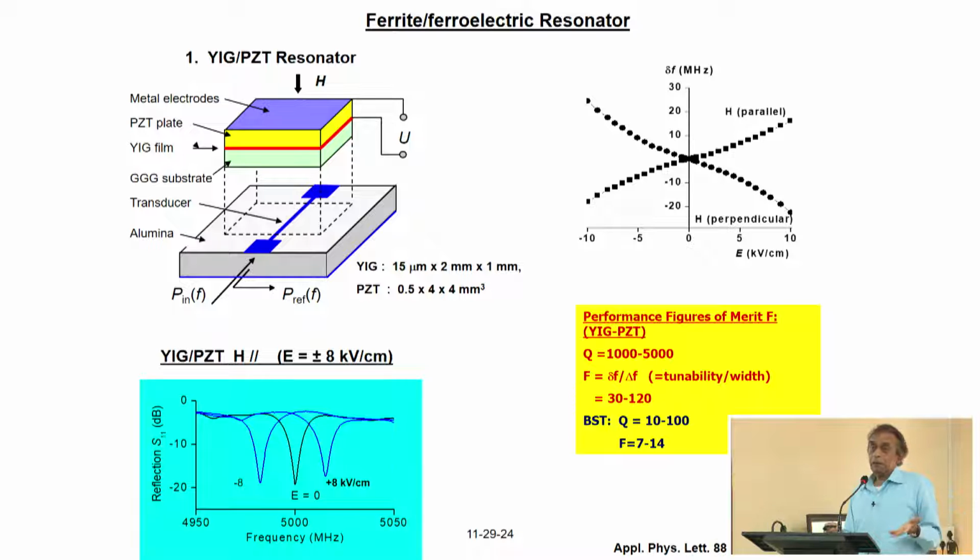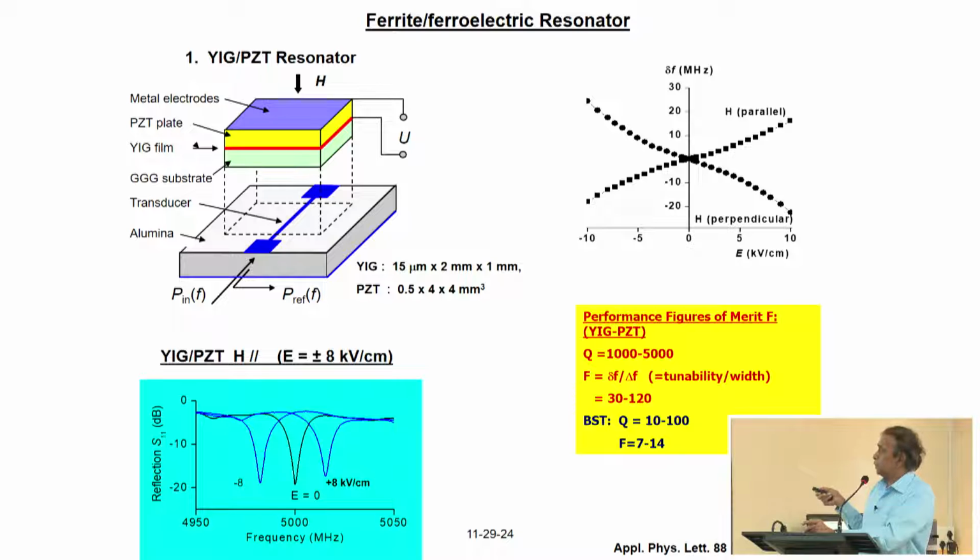You do not have to use 0.5 millimeter thick PZT. Instead, you can decrease it to 0.1 millimeter, which is about 100 micron, and that would give you the same kind of electric field for 50 volts rather than 500 volts. Okay? And these data on the shift in the FMR are shown for two cases. One is the static magnetic field parallel to the plane, and the other is perpendicular to it.